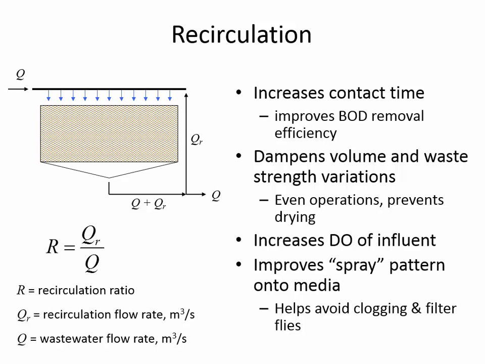Those are using electricity, whereas the pump that's used for recirculation may also use a little bit of electricity, but then it's gravity that spreads out the water and makes the layer so thin that the dissolved oxygen can transfer over the gas-liquid interface and get into the water that's actually trickling over the surface. And so you can have a high DO effluent even though your influent DO may be pretty low coming out of the primary clarifier.